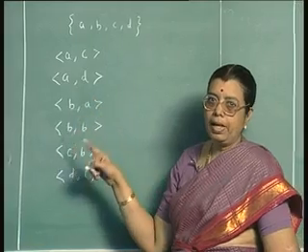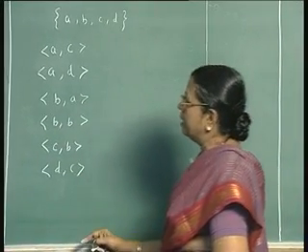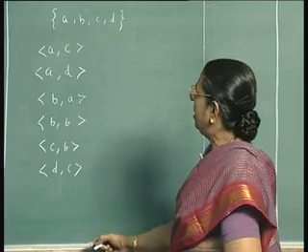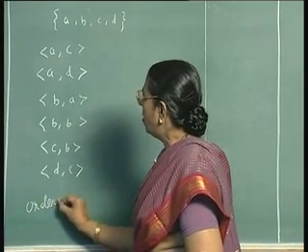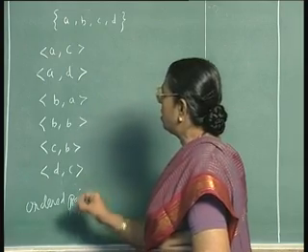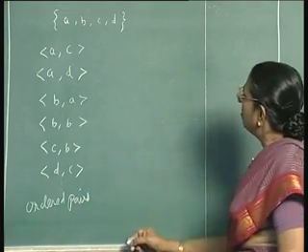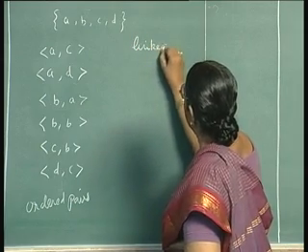We represent them like this. This is the ordered pairs method, where you list all the ordered pairs. There is one more method of representing this, which is called the linked list method.